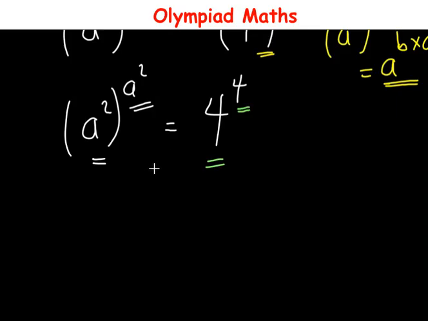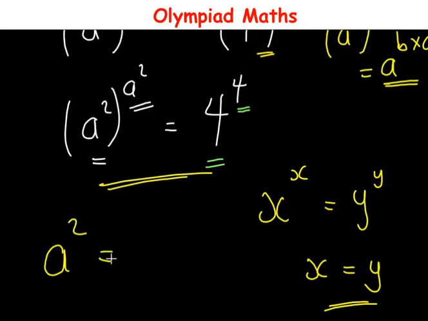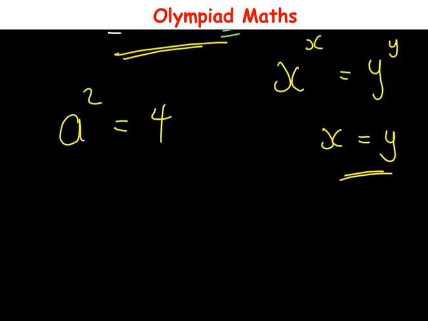Now, with this done, we can then apply this rule that if you have x raised to power x, which equals y raised to power y, simply x is equal to y. Now, applying this rule right here, this becomes a raised to power 2 is equal to 4. Good. Now, from here, we can still express 4 as 2 squared.